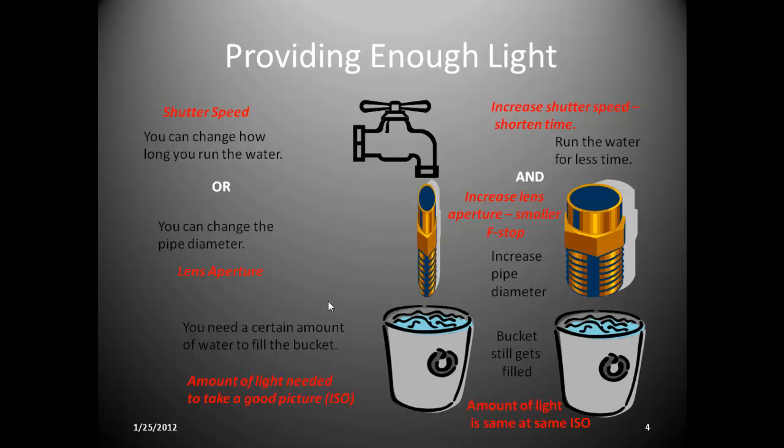Oh, there's one more letter on the top of your dial that is relevant to this discussion. That's the M. M stands for manual. In that mode, you, the photographer, set the aperture and the shutter speed. And then for a given ISO that you have selected, the camera's going to take the picture.